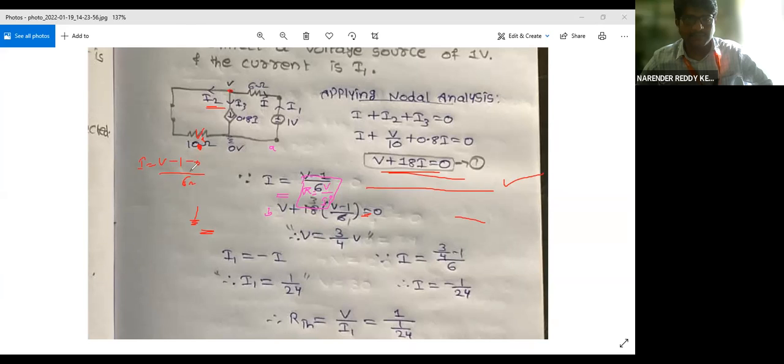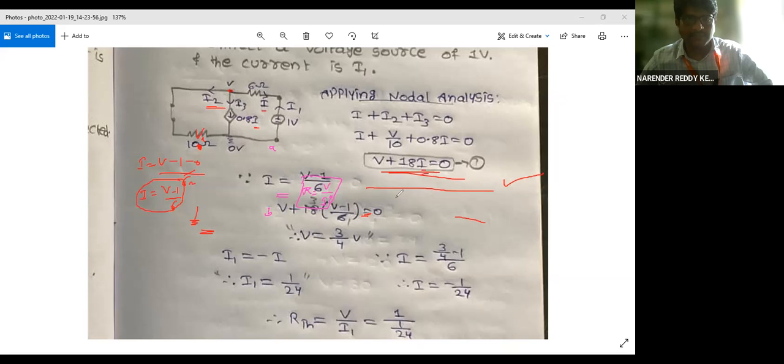So now, what's the final equation I can write for I? I is equal to V minus 1 by 6, right? We use this equation wherever we see the value of I. I have I here, and I also have I here, so we can use it wherever we have I.